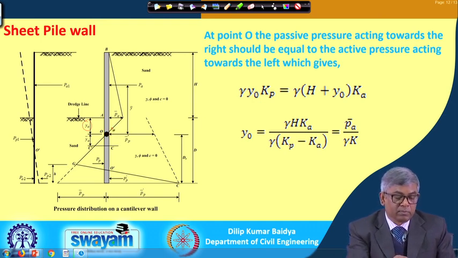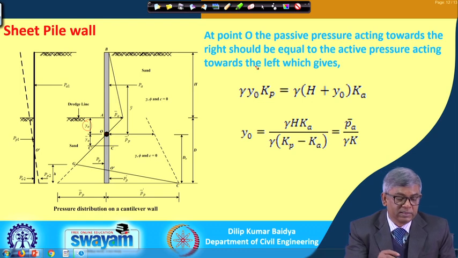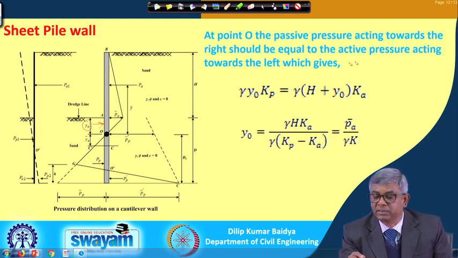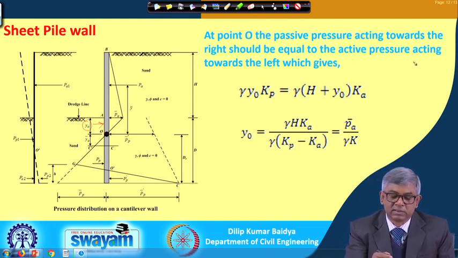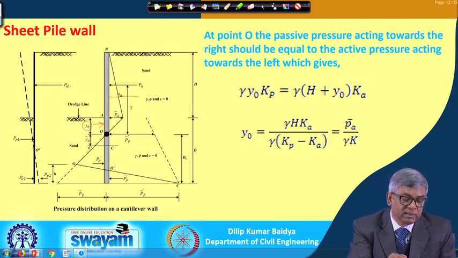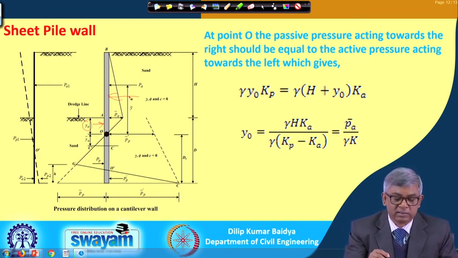At this point, point O, the passive pressure acting towards the right, from here, should be equal to the active pressure acting towards the left. So, this side is active pressure and this side is passive pressure, and they must be equal. That is what we have done.